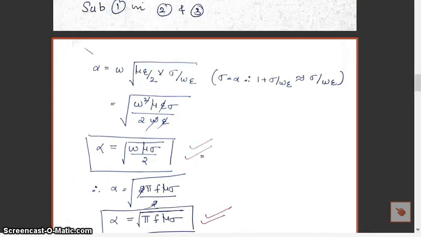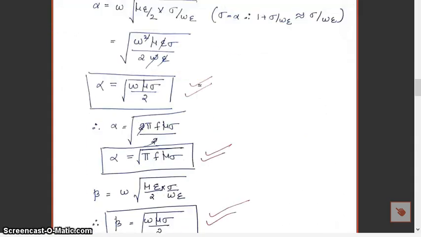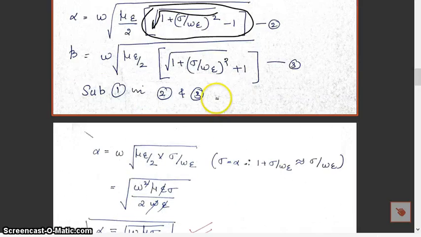And similarly, if we are substituting the same condition sigma equal to infinity in beta, the same condition we have to follow, because here sigma by omega epsilon will be a larger value. So I can write 1 plus sigma by omega epsilon the whole square. It can be nearly equal to sigma by omega epsilon the whole square, which is inside the square root.